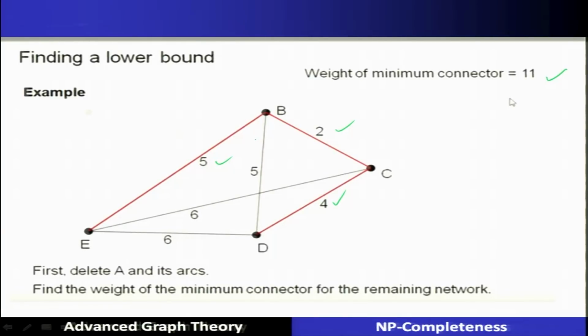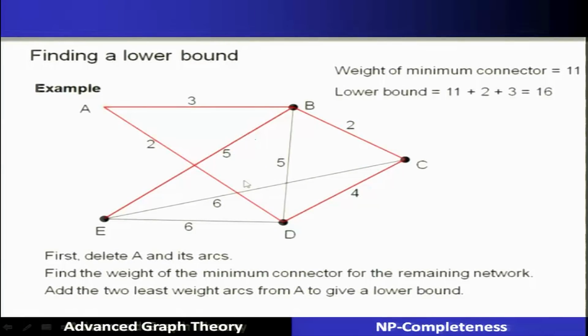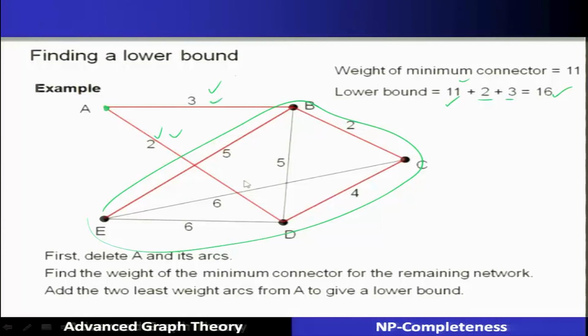Now we will add the two edges. So it will be 11. As far as A is concerned, we will add the two edges with the least costs. That means AE was having higher cost, so it is not included. So two edges are added, 2 and 3. The total cost of the lower bound is 11 from this computation, plus two more edges we have added, 2 and 3, which comes out to be 16.